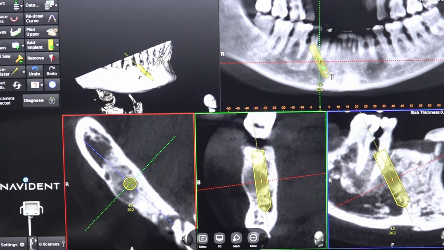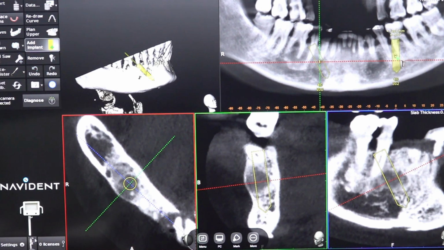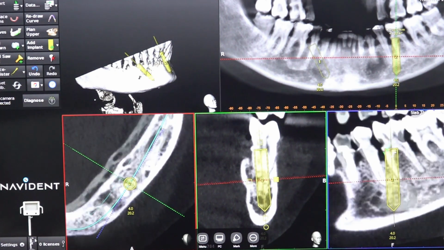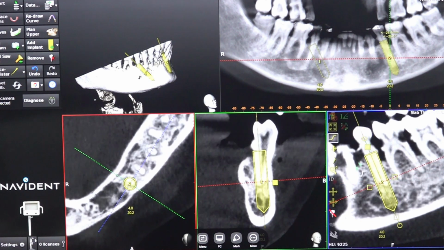And coming to the left tilted implant, first to keep the implant axially in the second premolar.